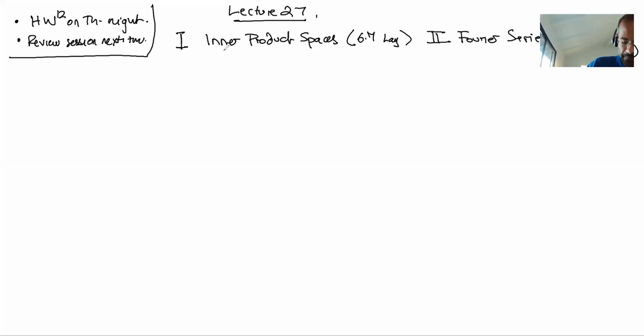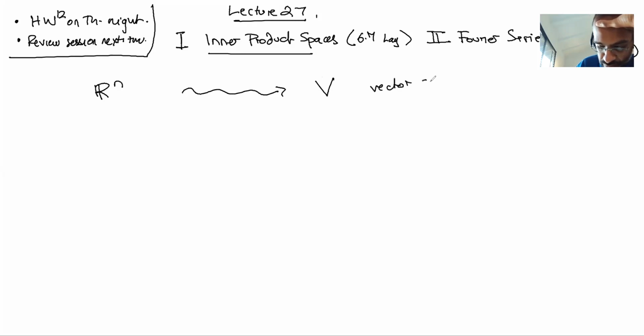So let me start by talking about inner product spaces. Remember, way back before midterm 1, we talked about Rn, and then we realized that you could abstract everything you learned about Rn, and it still worked in a general vector space. This was the topic of chapter 4, and this is everything before midterm 1.